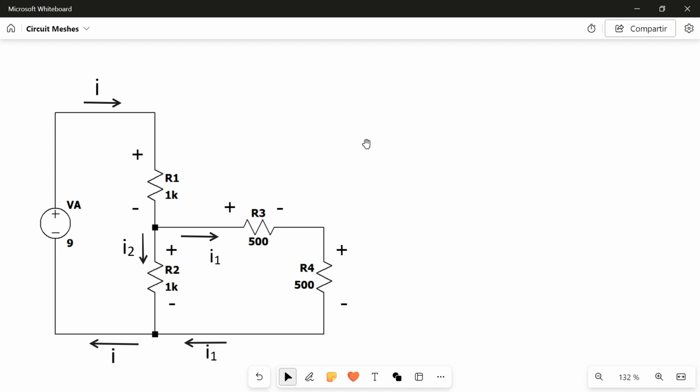So we understand mesh, we understand voltage drop and currents, and so we apply another point of view to the same circuit so that we can solve it in a faster way.